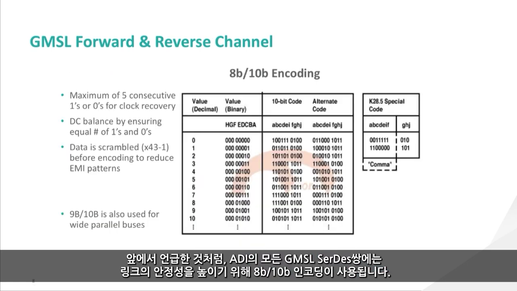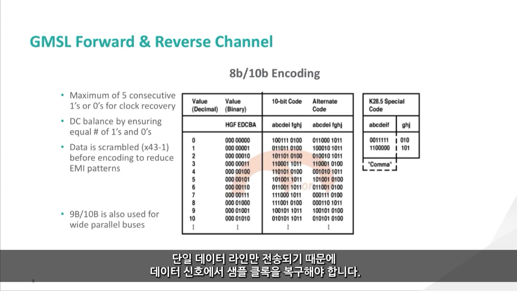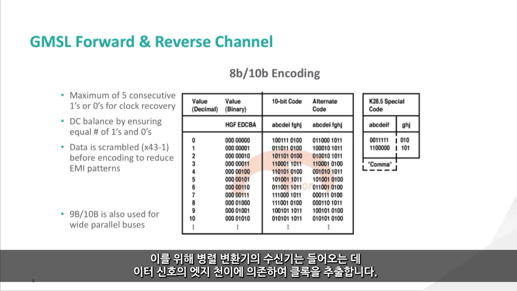As mentioned before, 8B/10B encoding is used in all Maxim GMSL SerDes pairs to increase reliability of the link. Since only a single data line is transmitted, the sample clock must be recovered from the data signal. To do this, the receiver in the deserializer relies on edge transitions in the incoming data signal to extract the clock.